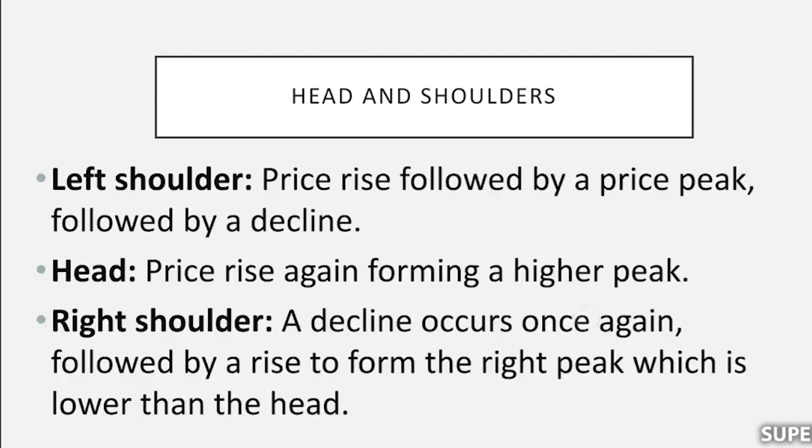Left shoulder means a price rise followed by a price peak followed by a decline. Head means the price rises again forming a higher peak. Right shoulder means a decline occurs once again followed by a rise to form the right peak which is lower than the head.